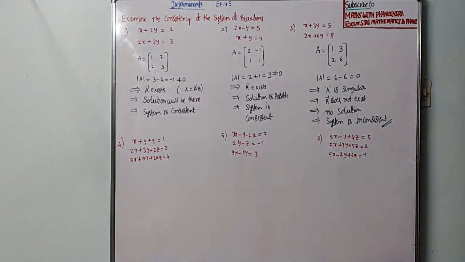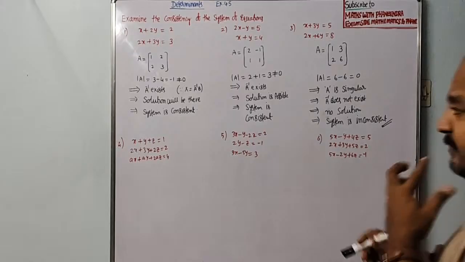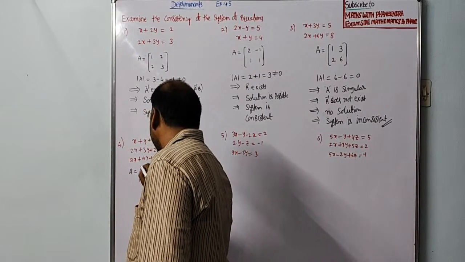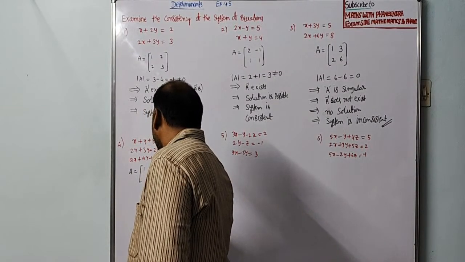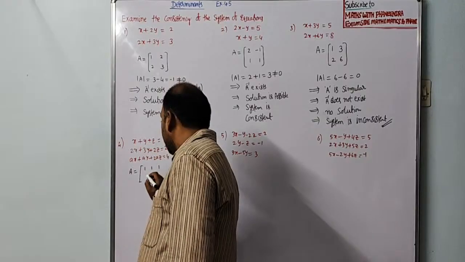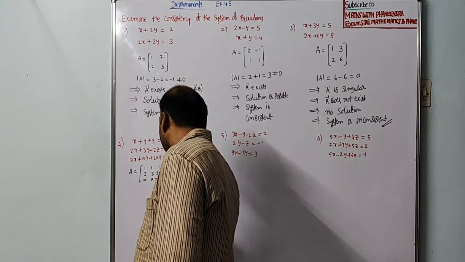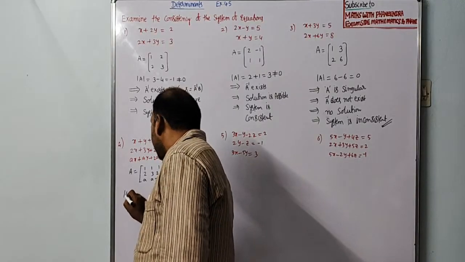Here also you follow the same category. First, from this, write the A matrix and then find the determinant: 1, 1, 1 are the x, y, z coefficients; 2, 3, 2; a, a, 2a.